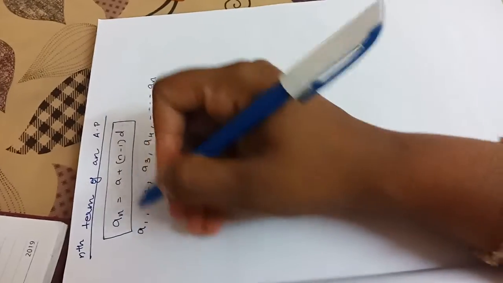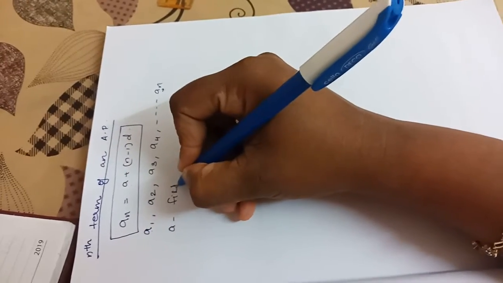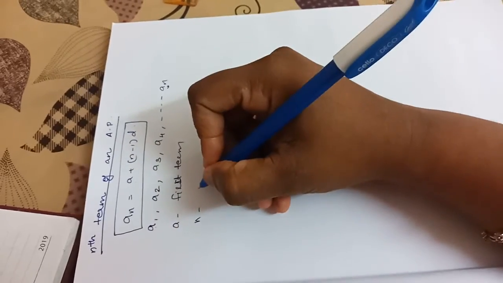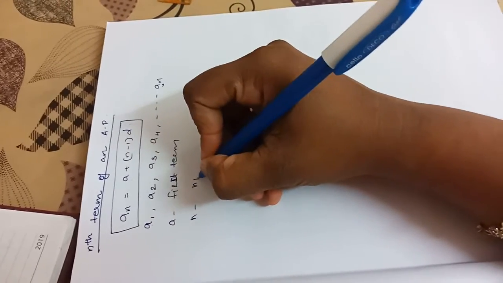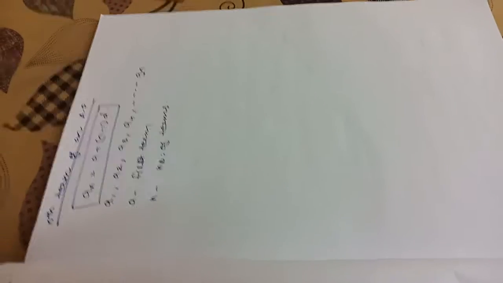What is a? a is the first term. n is the total number of terms. So if there are 50 numbers in the AP, n is equal to 50. That is an example.